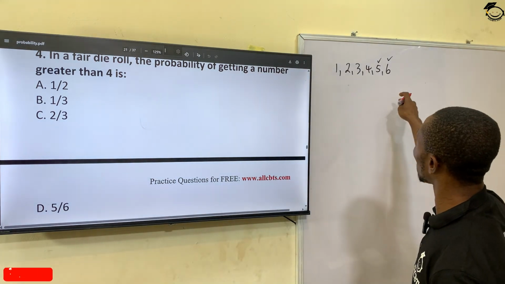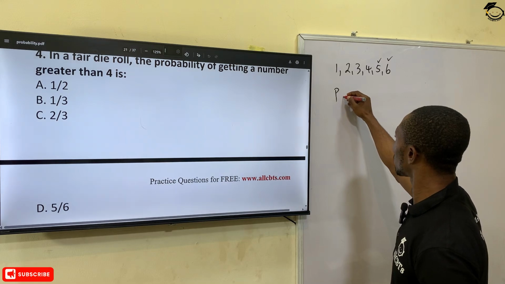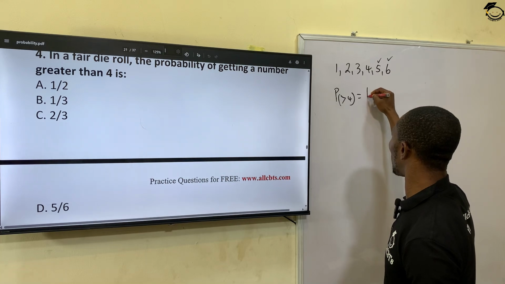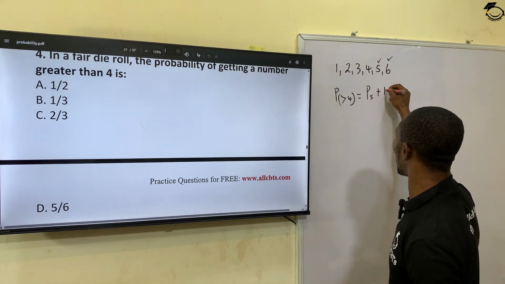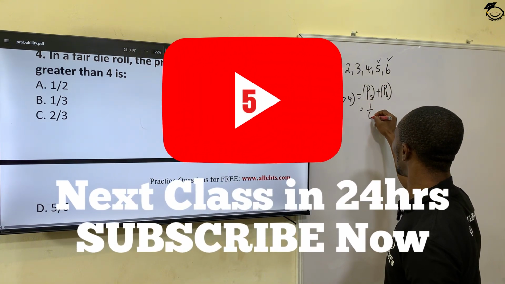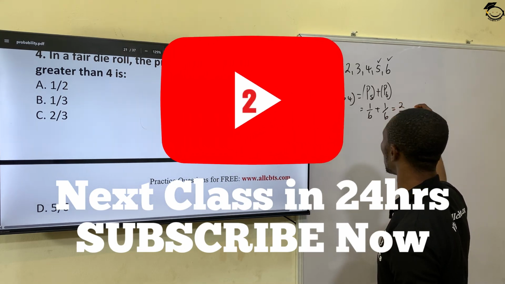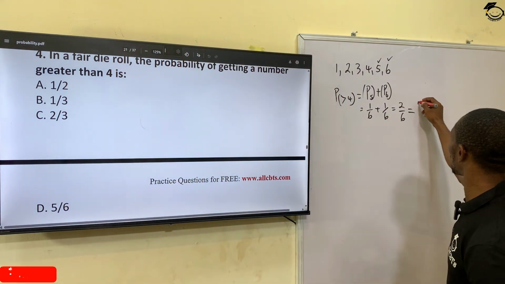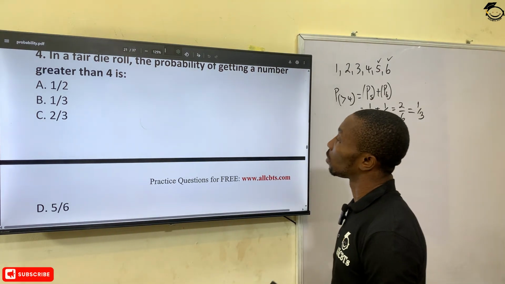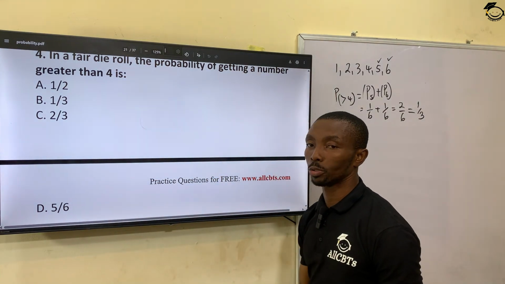So that will become probability of getting 5 plus probability of getting 6, which will give us 1 over 6 plus 1 over 6, which is 2 over 6. When broken down, gives us 1 over 3. So the probability of getting a number greater than 4 would be 1 over 3, which is our option B.